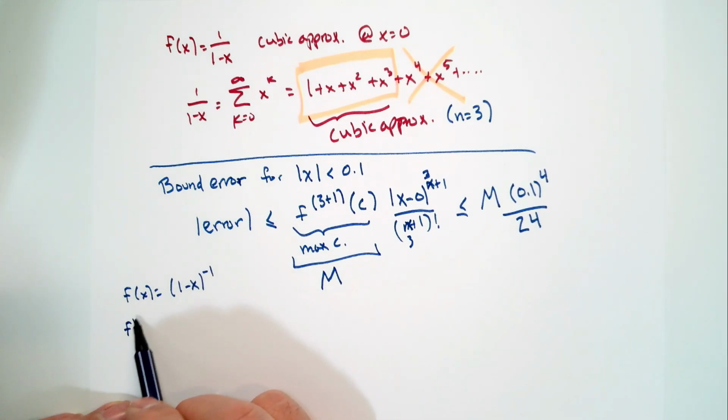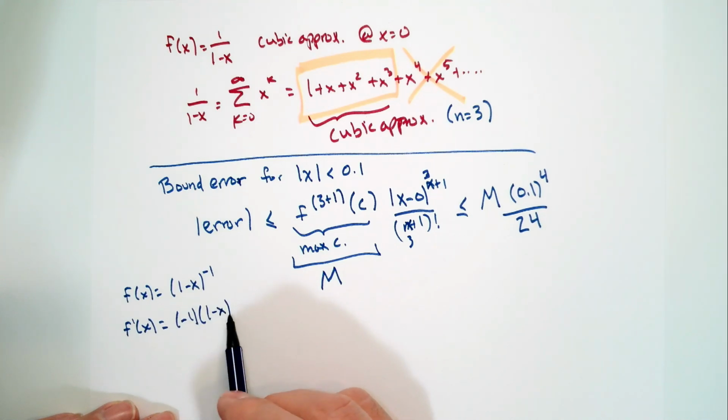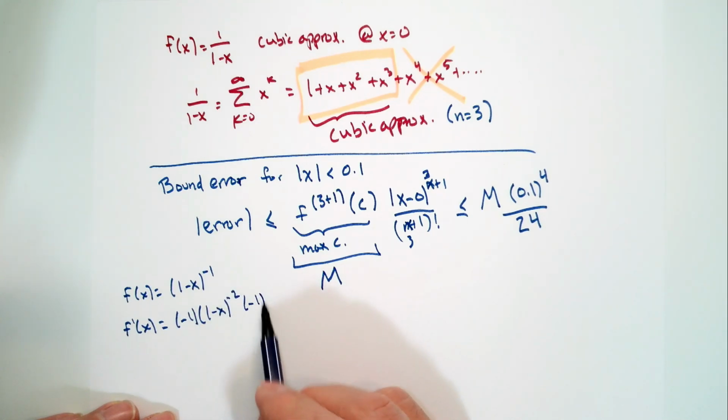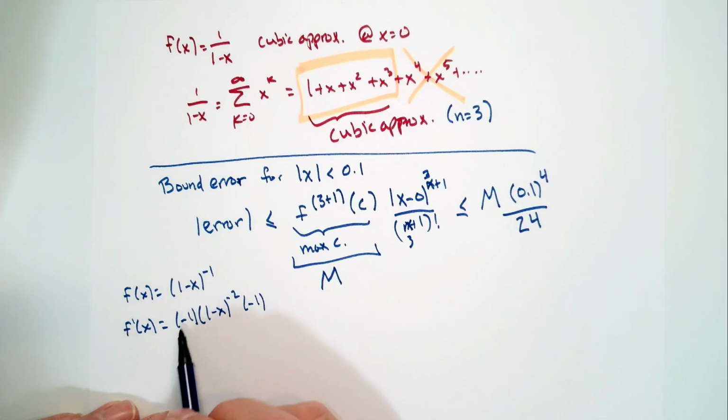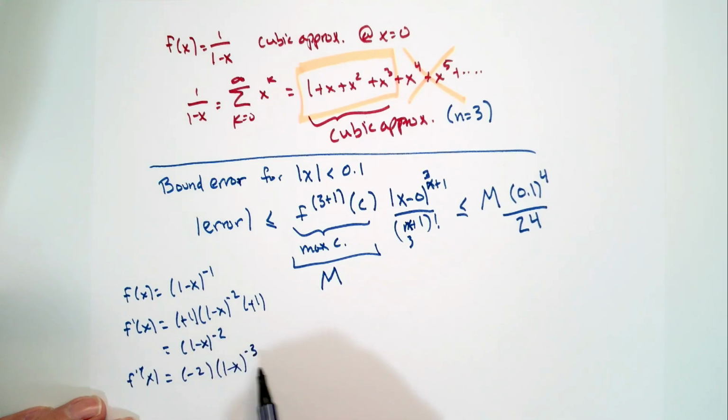So f prime of x would be the minus 1 comes down, 1 minus x to the minus 2 power, times the inside derivative of minus 1, and the minuses cancel out. So really that's 1 minus x to the minus 2. The second derivative: minus 2 comes down, 1 minus x to the minus 3 power, and there's a minus 1 in front. The minuses cancel, so you get 2 times 1 minus x to the minus 3.